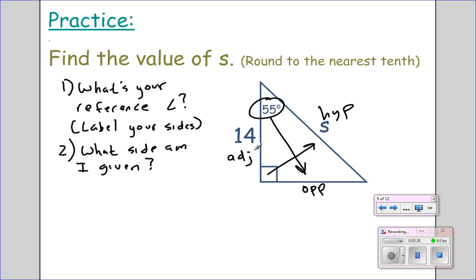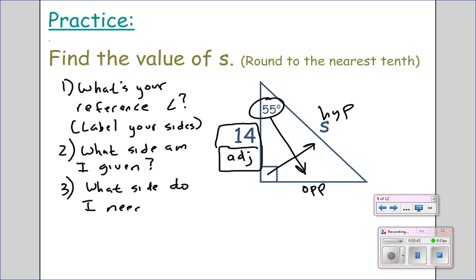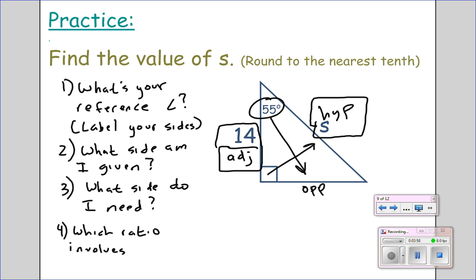In this case, you're given the 14, which is the adjacent side. The third question is, what side do I need? Well, you need S, which happens to be the hypotenuse. And the last question is, which ratio involves these two sides?